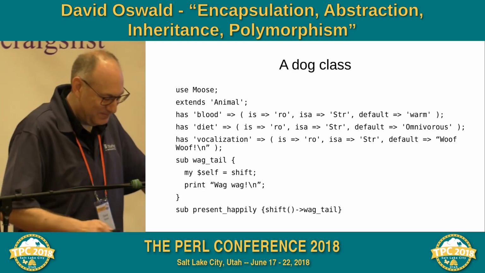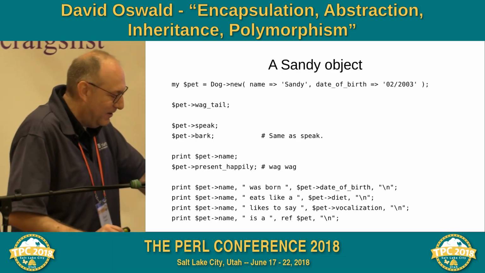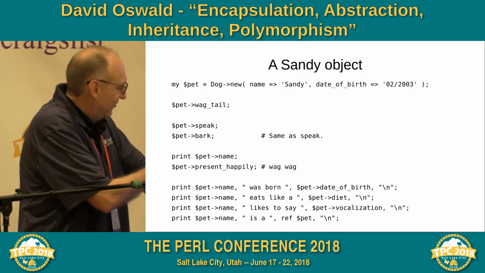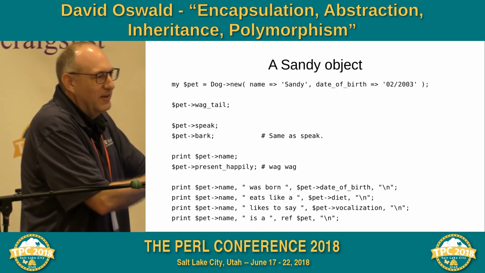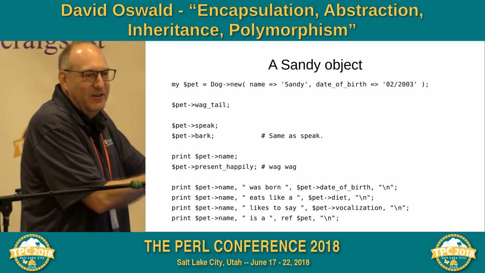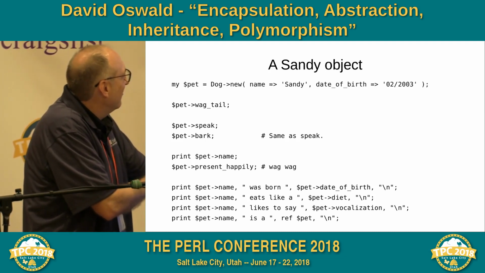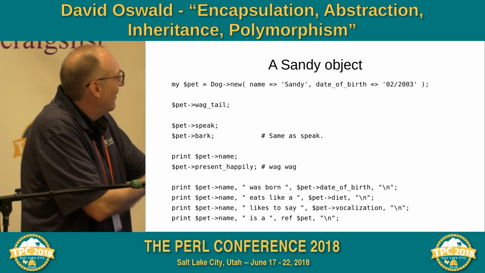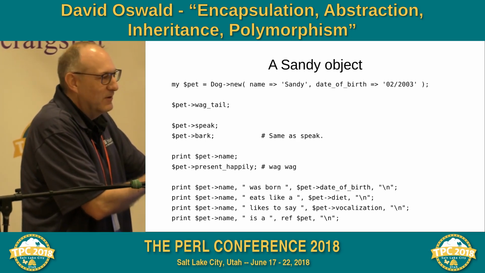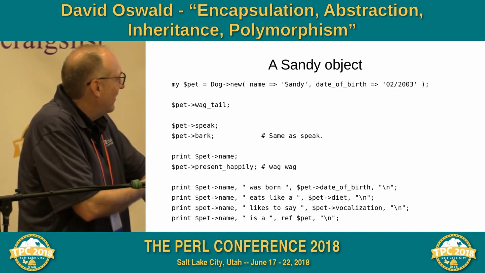So if we're going to wield a happy Sandy object, we're going to instantiate our dog, Sandy, date of birth 2003. This is why I said Sandy. That's why I've occasionally used her name in past tense. She wags her tail, she speaks, she barks. Bark is the same as speaking, except that we like to use speak because we can apply speak across all types of animals, whereas bark would be specific only to dogs. We'll get to that again in a minute.